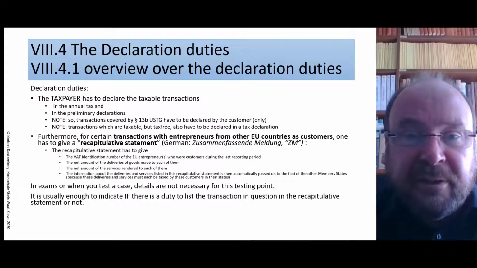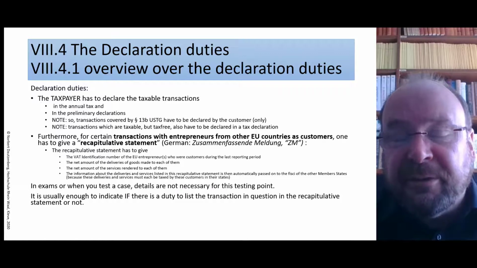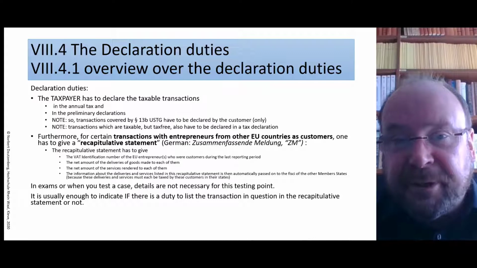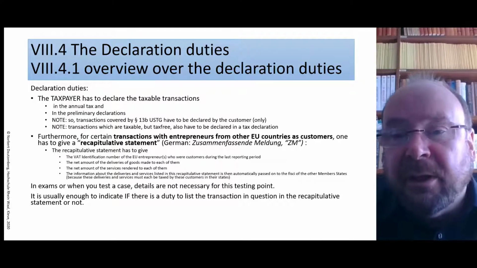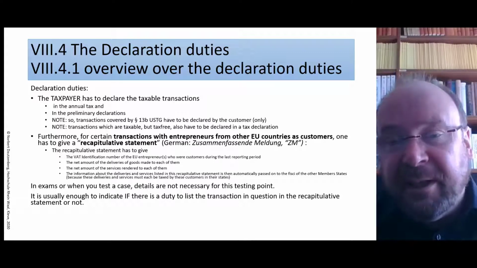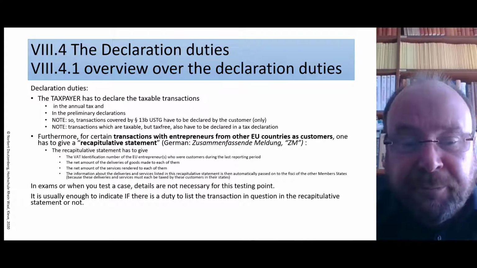There you give the total amount of deliveries which you made to each individual owner of a VAT identification number. And in a separate part of that list, you declare all the services which you render to EU entrepreneurs or other EU persons with a VAT identification number.